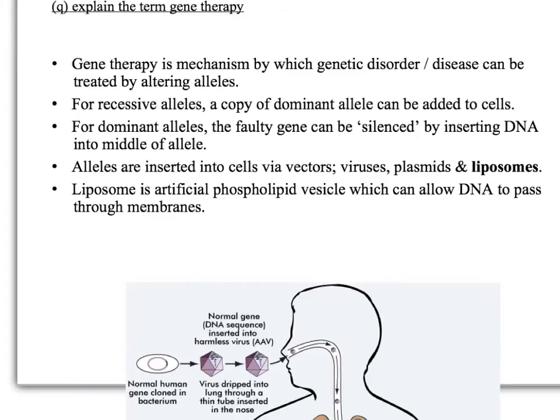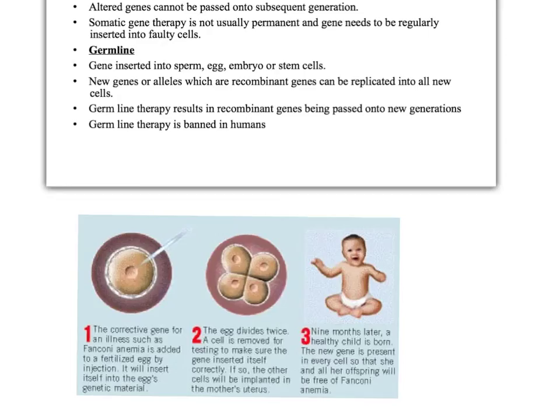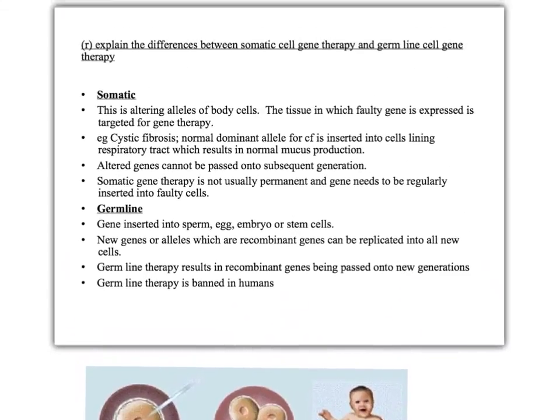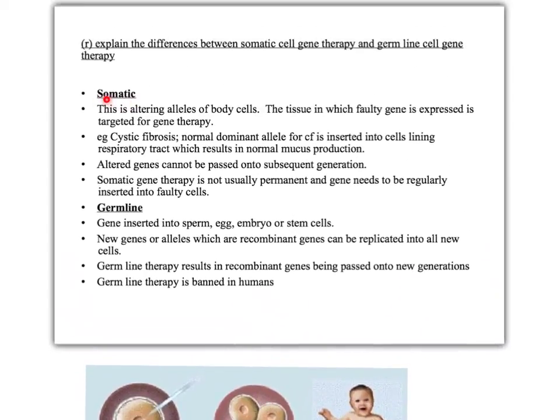Okay, so moving on to the next slide, to distinguish between two types of gene therapy. The gene therapy I've just described would be an example of somatic gene therapy. This is gene therapy when we are just inserting genes into normal body cells, and altering the function of those body cells.